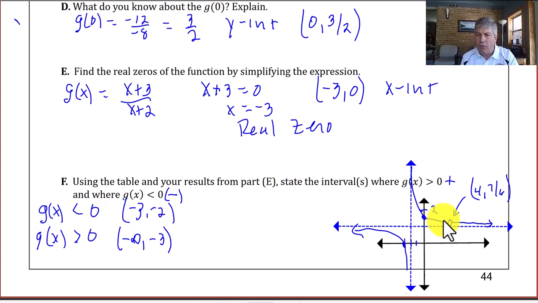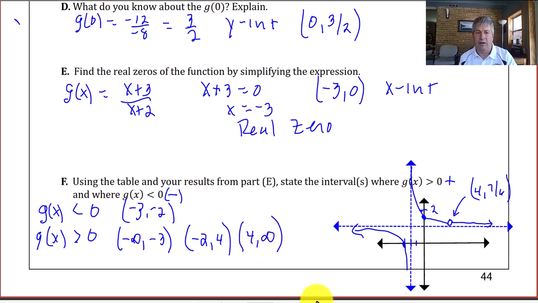But then it's also positive from our vertical asymptote at -2 all the way to the start of our hole at 4. So we would say from -2 to 4, but then we've got to jump over our hole because that's not positive or negative, and then our y's are positive from 4 all the way out to positive infinity.